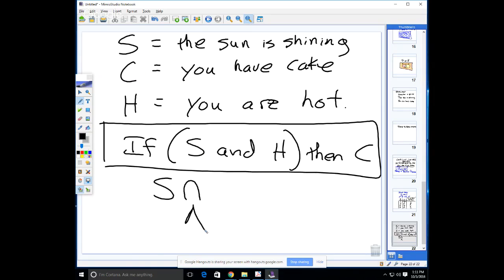Control T. Oh, there you are. Let's get rid of that. So I'm going to use that symbol there. H goes in parentheses, and then an arrow over to C would be another way to write that. Depending on what book you look at, where you look online, you'll see slightly different notation for things like this.